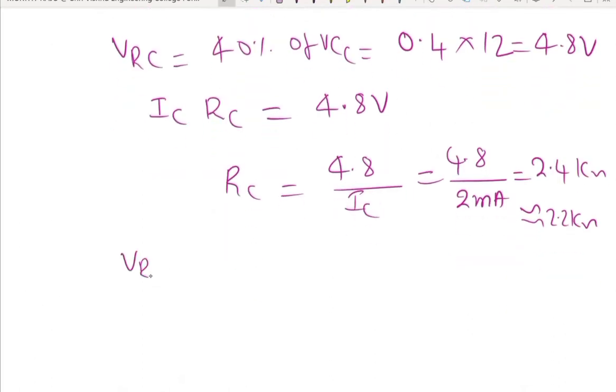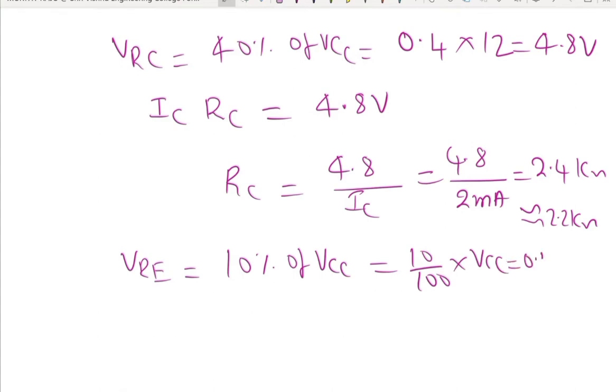And VRE is equal to 10% of VCC, that is 10 by 100 into VCC. 0.1 into VCC, which is 12. VRE is equal to IE into RE, that is 1.2 volts.